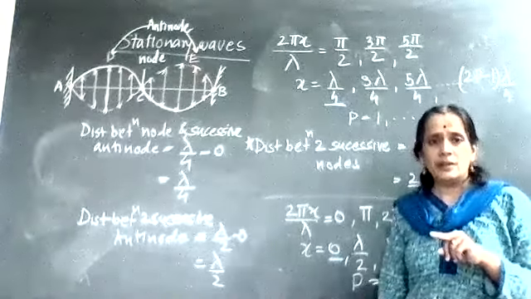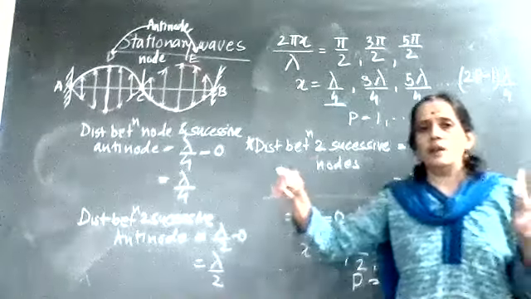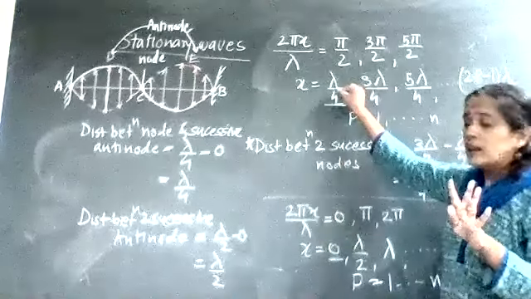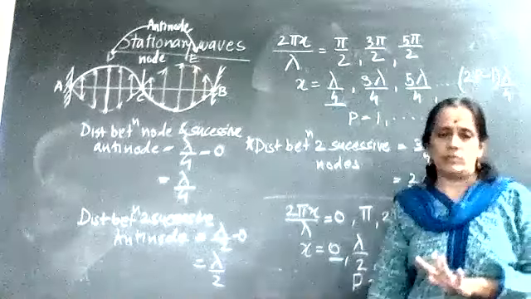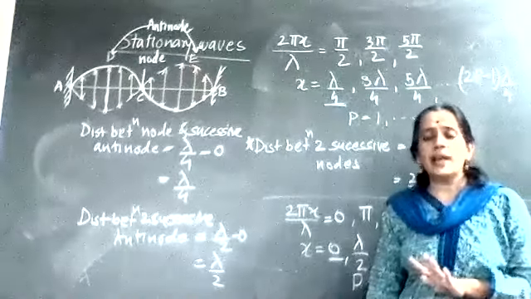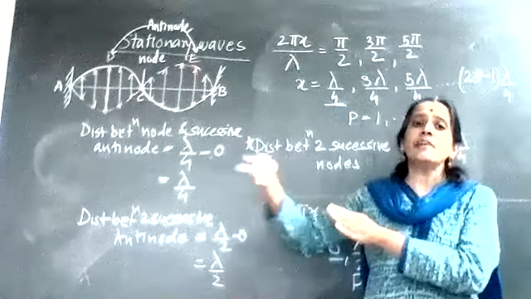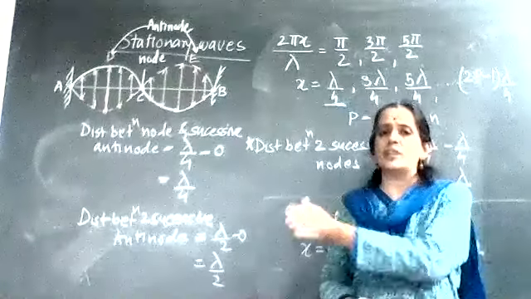Clear? Fourth important thing, all nodes are situated at equidistance. In between any two nodes, the distance is always lambda by 2. Means the nodes are situated at equidistant points, or we can say the nodes are equally spaced.